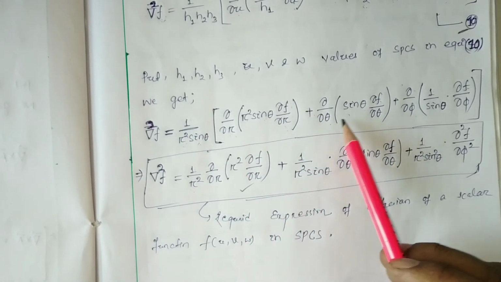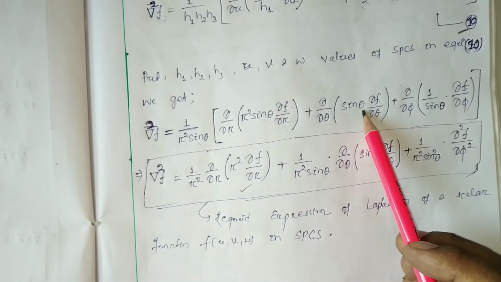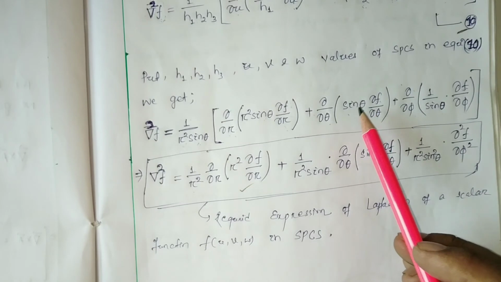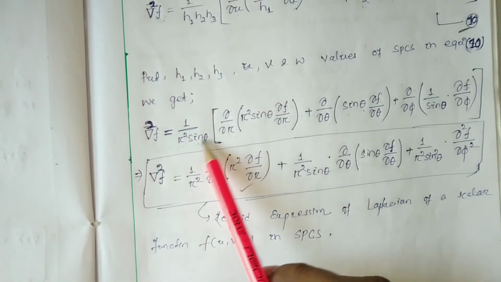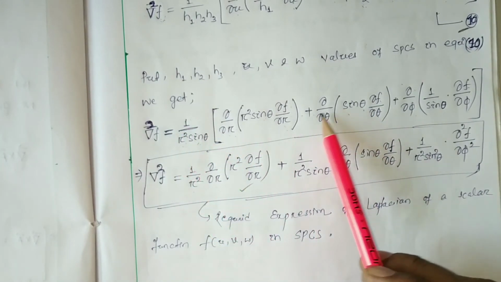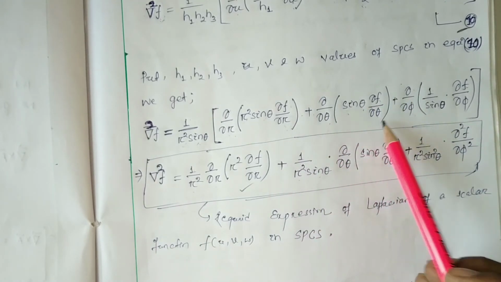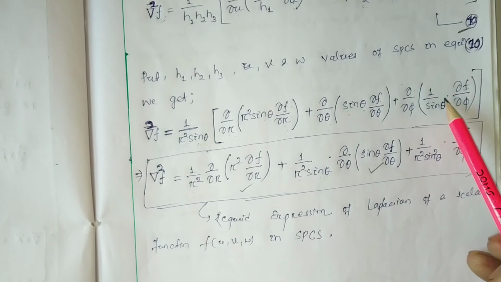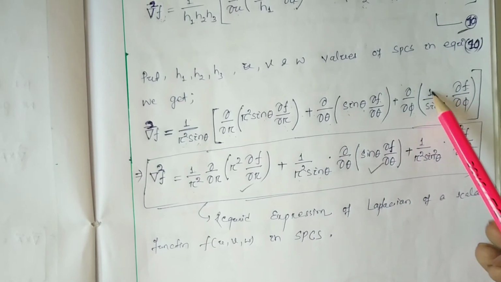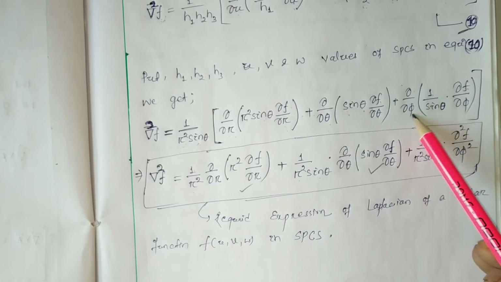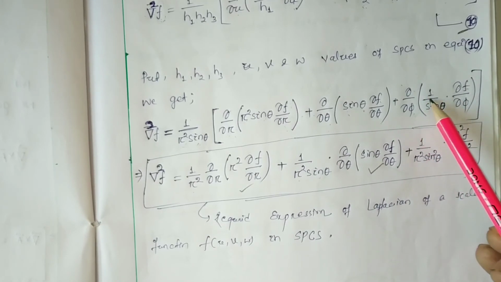Next, here del by del theta of sin theta del f by del theta. It cannot be taken outside, so simply this term is multiplied with this term: 1 by r square sin theta, del by del theta of sin theta del f by del theta, right? Now here del by del phi of 1 by sin theta del f by del phi: sin theta is constant because the derivative is with respect to phi, so 1 by sin theta is taken outside.